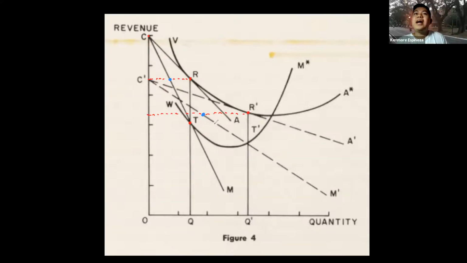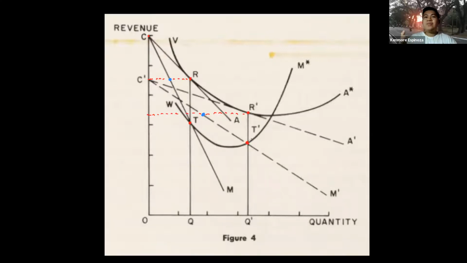Now again, this is not part of the marginal curve. What is part of your marginal curve is the point at which your straight line intersects the quantity corresponding to point R prime. It's here.